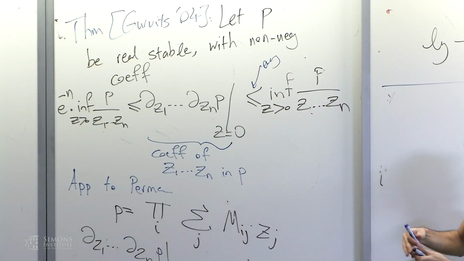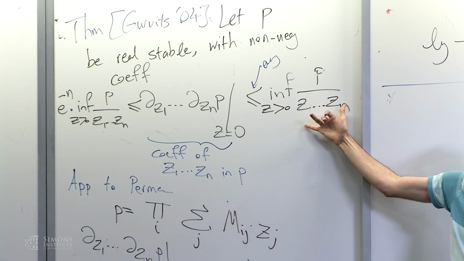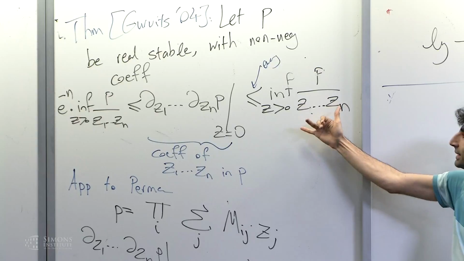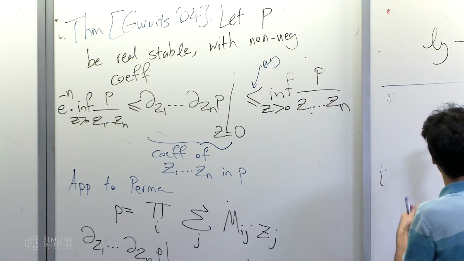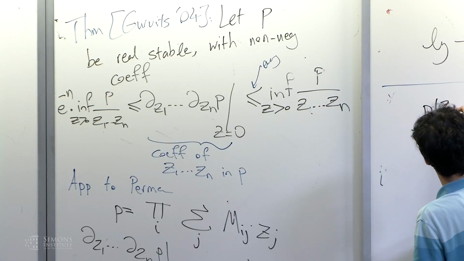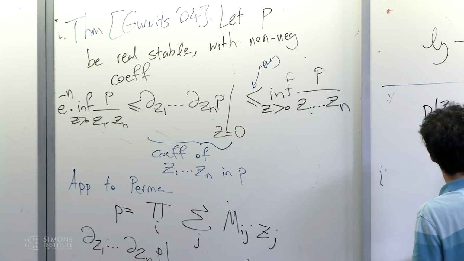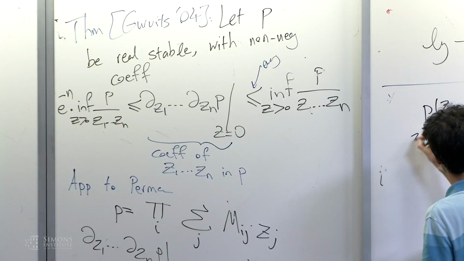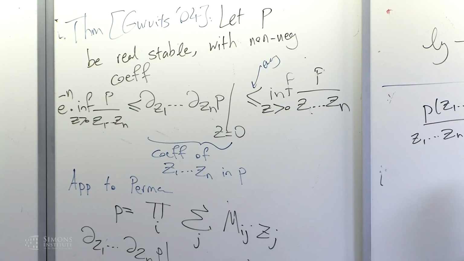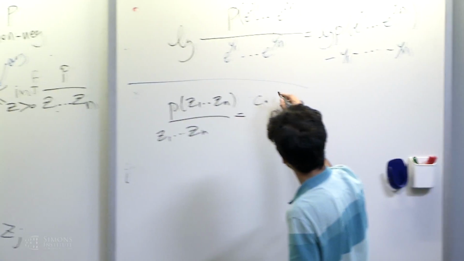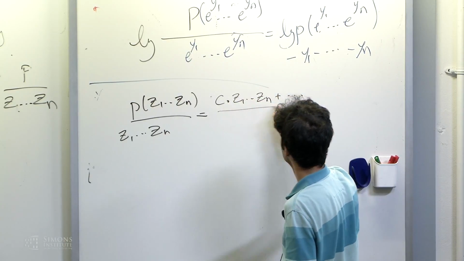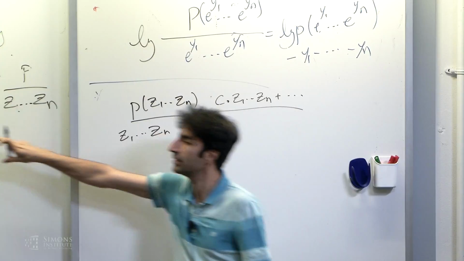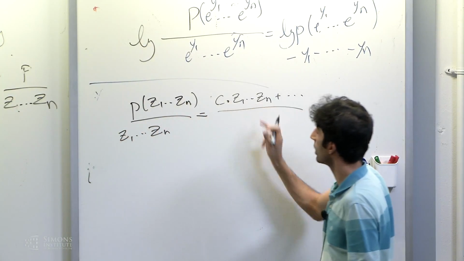The easy side, actually, you don't need the polynomial to be real stable. You just need the polynomial to have non-negative coefficients. The reason is that I can think of P of z1 up to zn over z1 up to zn as follows. I can pull off the term which is the coefficient of z1 up to zn, plus some extra. This is the C I'm interested in, the coefficient of z1 up to zn.